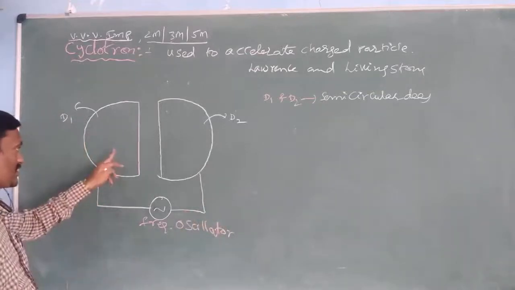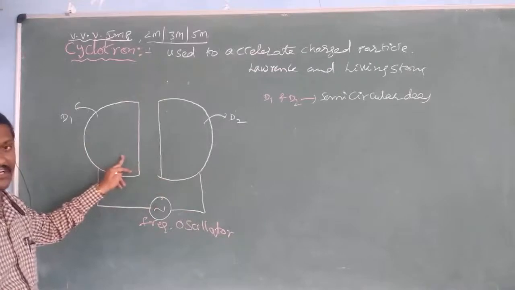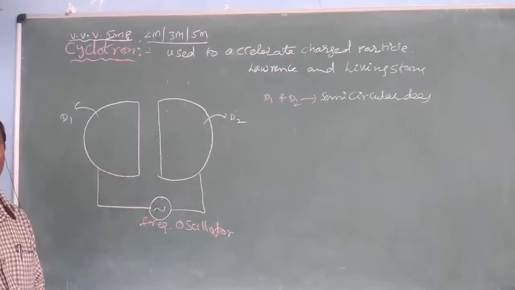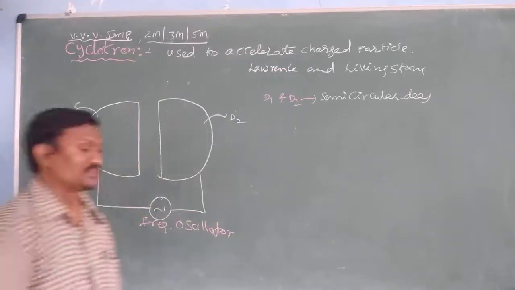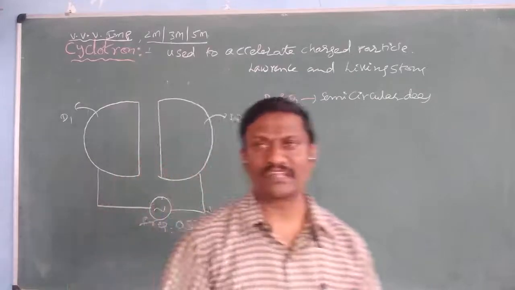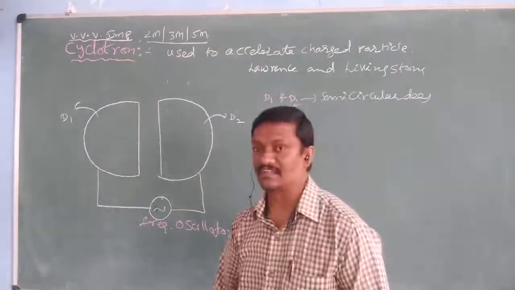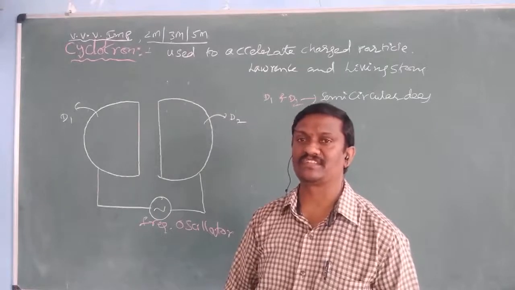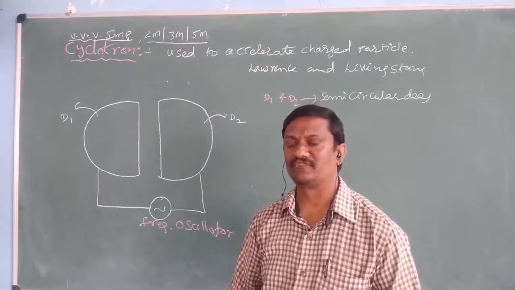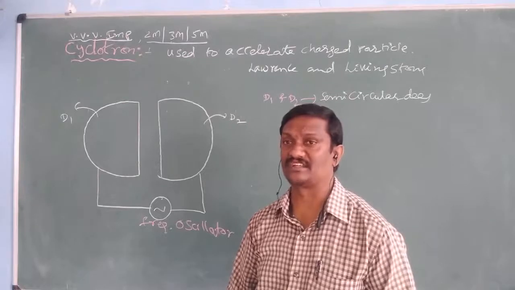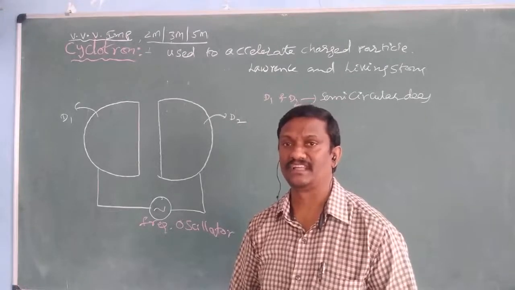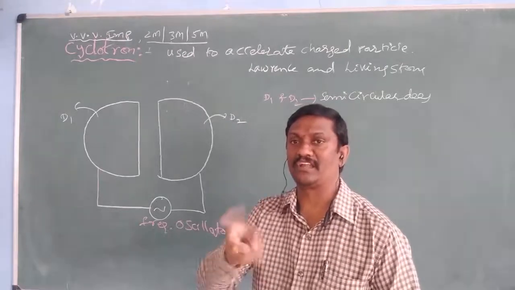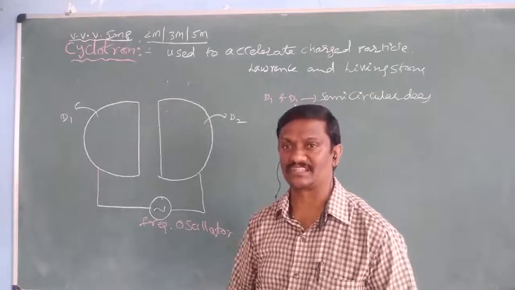So between these semicircular Ds, a frequency oscillator is connected. It is also called an AC source. What is the use of this AC source? Because AC source has some frequency. The frequency of a DC source is 0, but the frequency of AC is 50 Hz or 60 Hz. In every 1 second, the polarity of AC changes 50 times or 60 times.